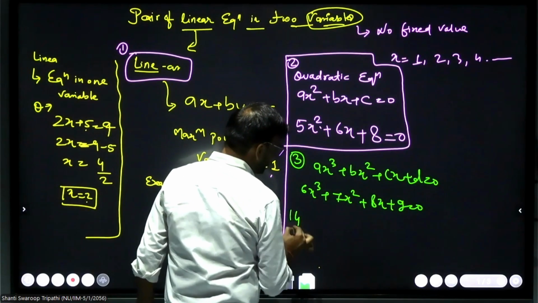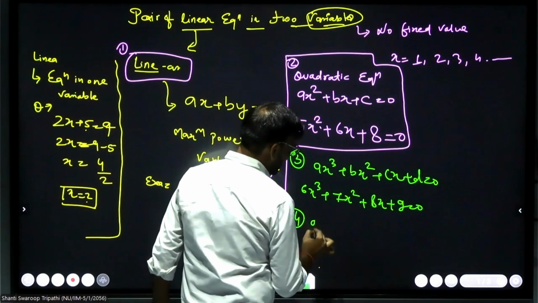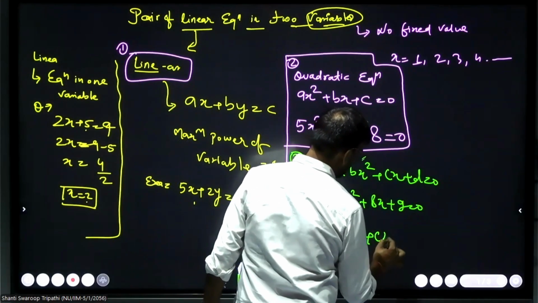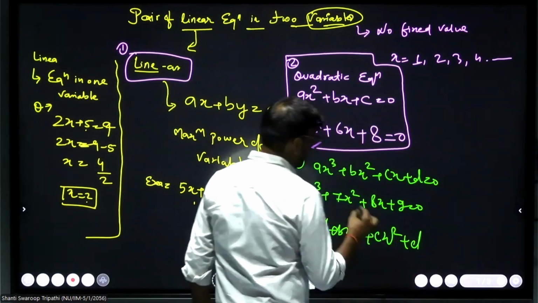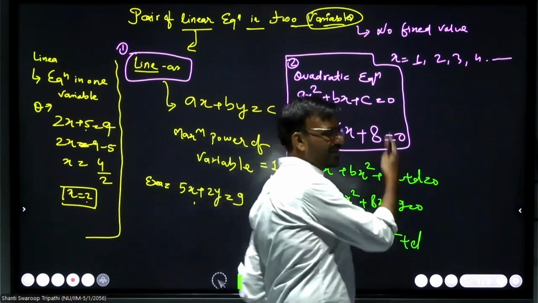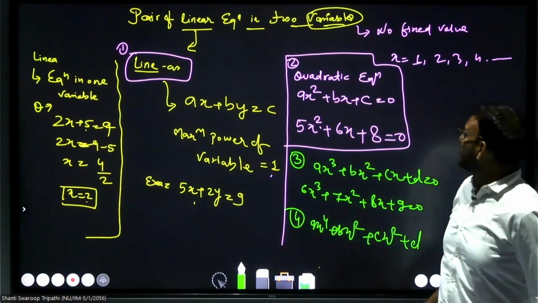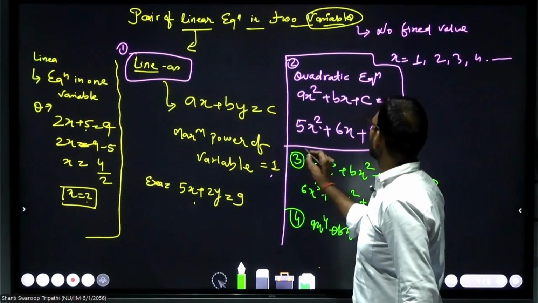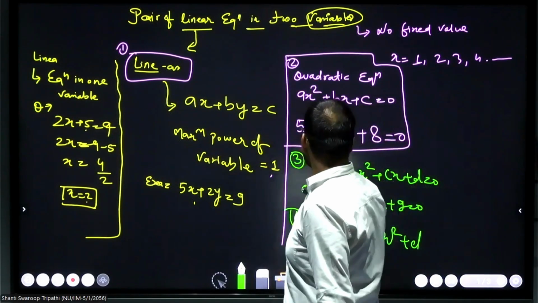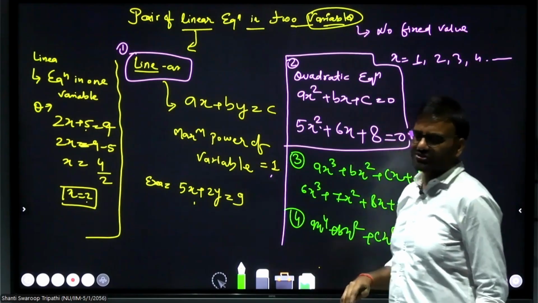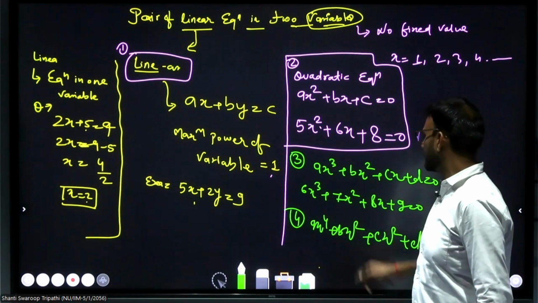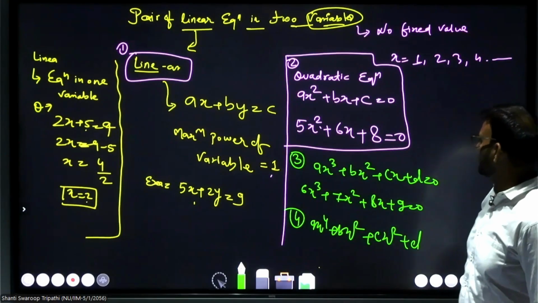Similarly, there is also an equation ax to the power 4 plus bx cube plus cx square plus d and all. Similarly, we are getting the equations of power 3, 4, 5, 6. So this is the complete chain. But you have your syllabus up to the quadratic equation. You will also cover the quadratic equation after the pair of linear equations. And the higher ones will be covered in 11th standard. Got it?